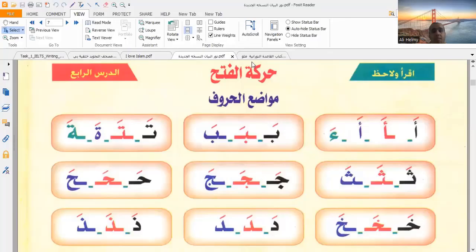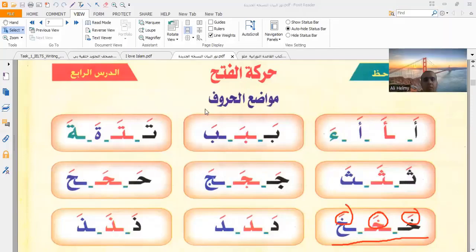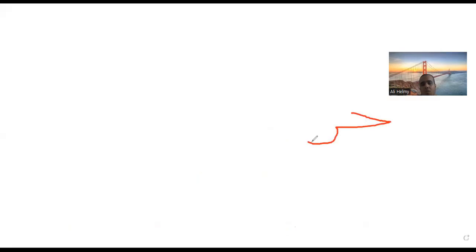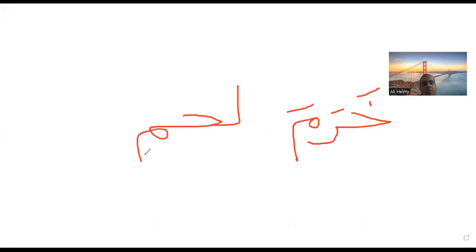Next, we have kha. Okay, the same as ja and ha, but it has one dot over. Okay, let's take examples for kha. Over here, kha, ra, ma. So over here, kha in the beginning. La, kha, ma. So over here you have kha in the middle like this.